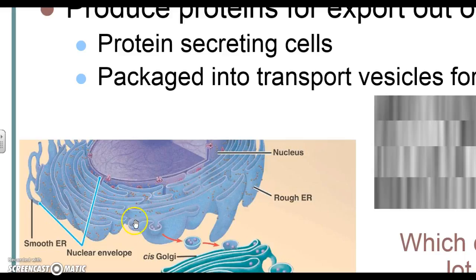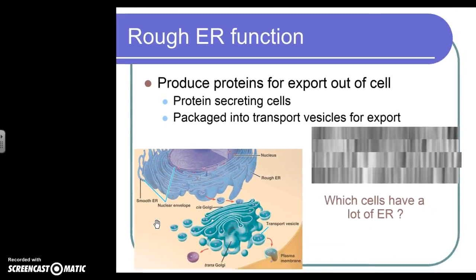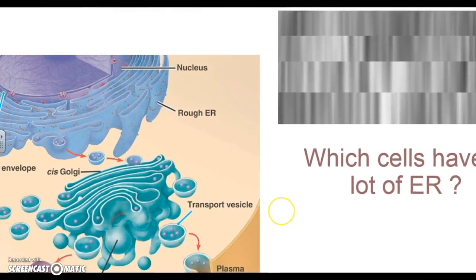Once that protein is created, it is pinched off of the rough ER. From there, it's shipped out to the Golgi body, as you can see on the left-hand side here. It comes in the open door of the Golgi body, which we call the cis face.